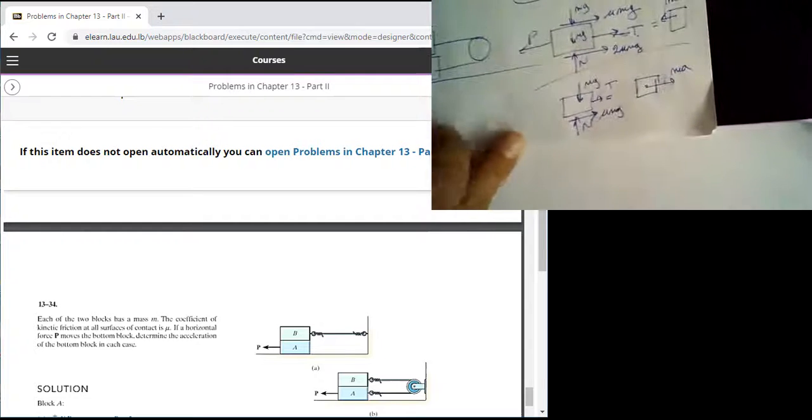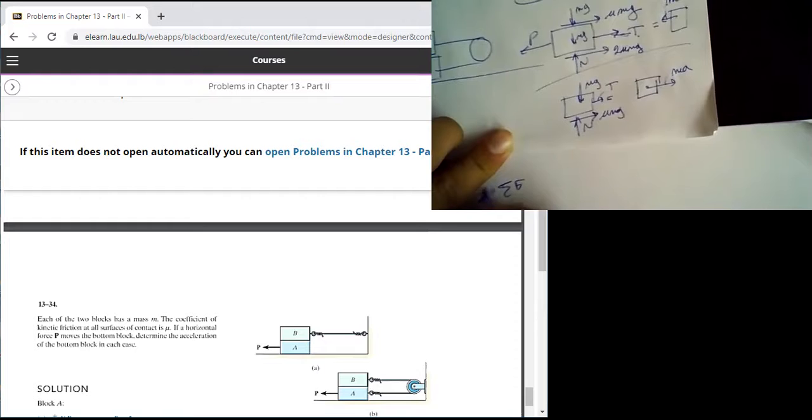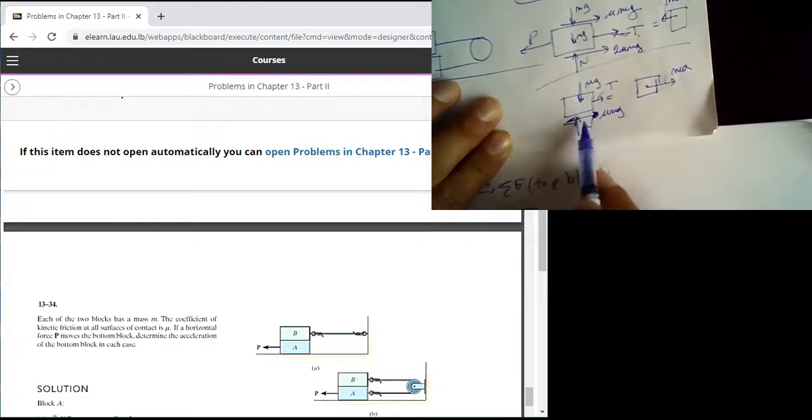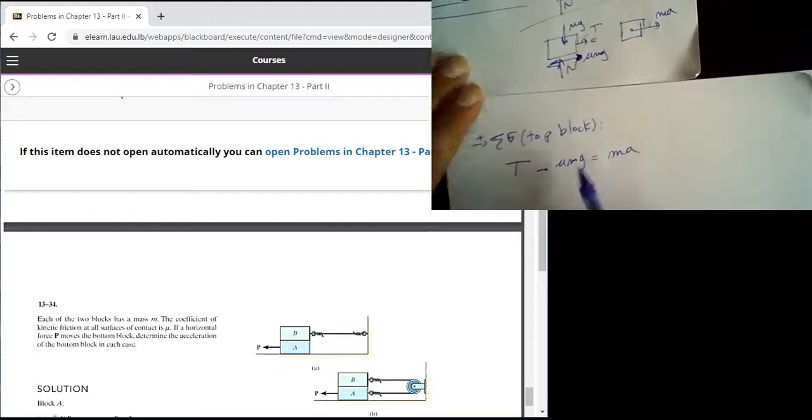So if I sum the forces on the top block, what do I get? T minus, sorry, friction is in the opposite direction, right? T minus mu mg is equal to MA. This is the top block.